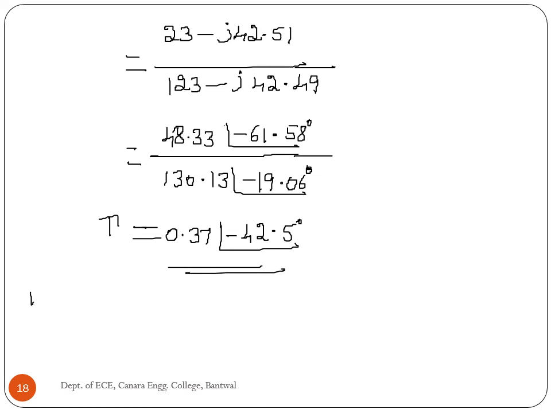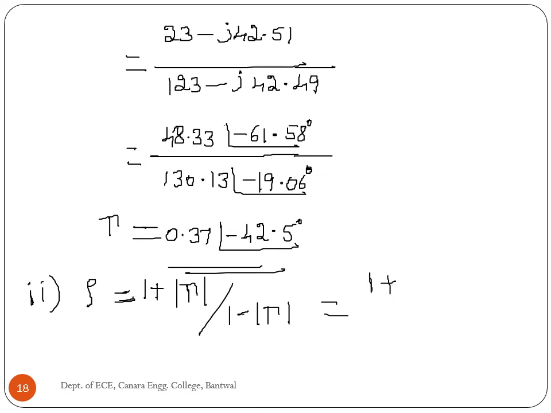Now what is the SWR? Standing wave ratio, notation is rho, and is equal to 1 plus magnitude of reflection coefficient divided by 1 minus magnitude of reflection coefficient, which is equal to 1 plus 0.37 divided by 1 minus 0.37.